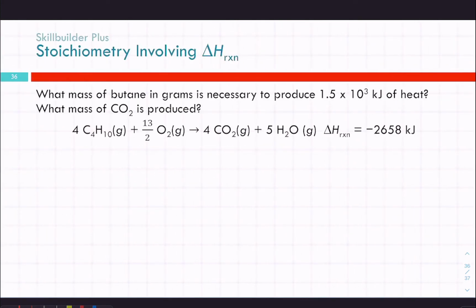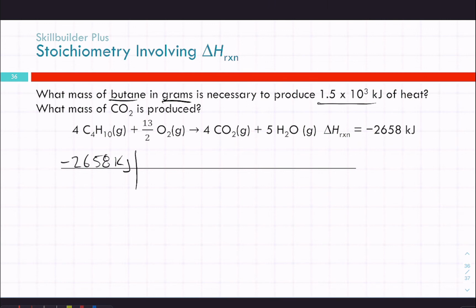Perfect. So what mass of butane in grams is necessary to produce 1.5 times 10 to the 3 kilojoules of heat? And what mass of CO2 is produced? So, like I was just saying, it's still a stoichiometry problem and really follows the same rules. So we start with our kilojoules.